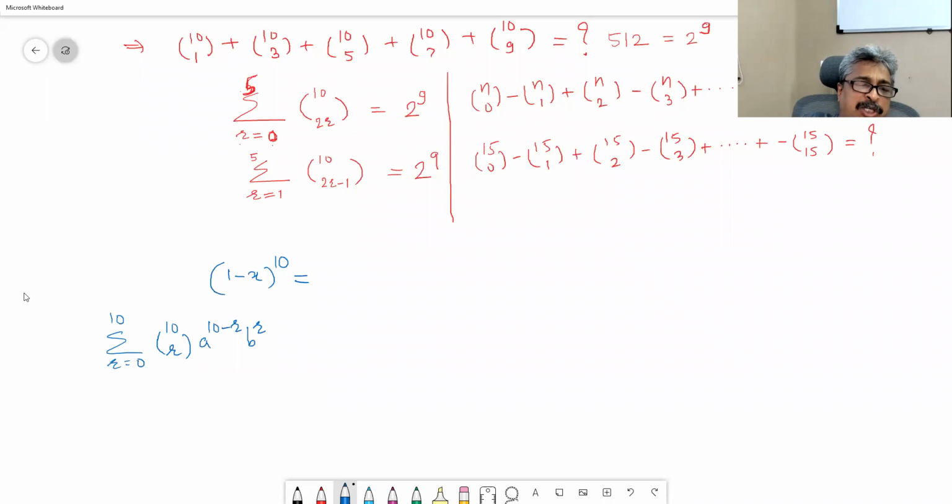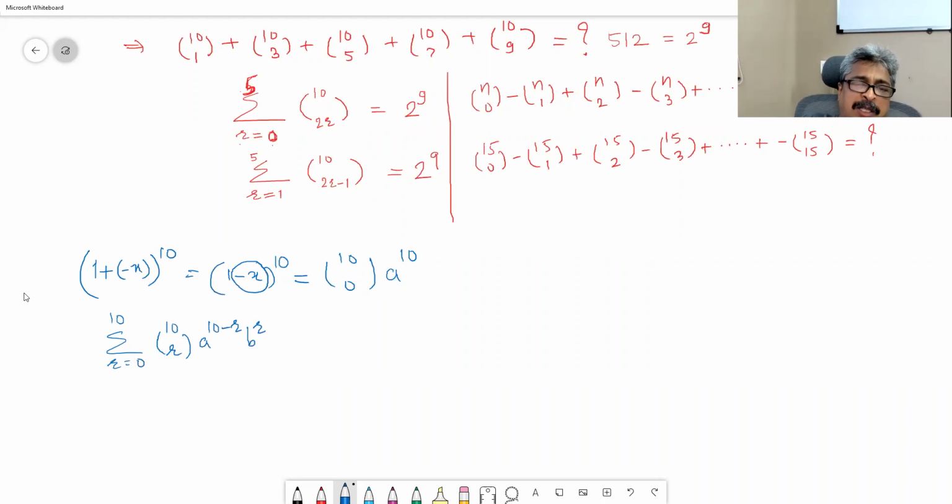So r is equal to 0. First term 10 choose 0, a raised to 10, b raised to 0. Now in our case, b is minus x. You can write this summation as 1 plus minus x raised to 10.